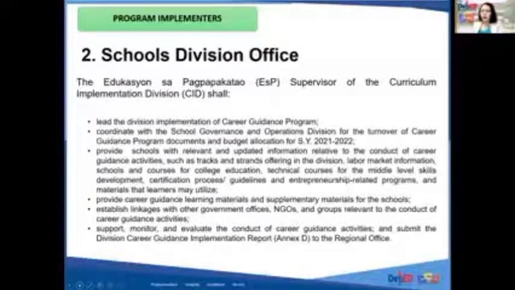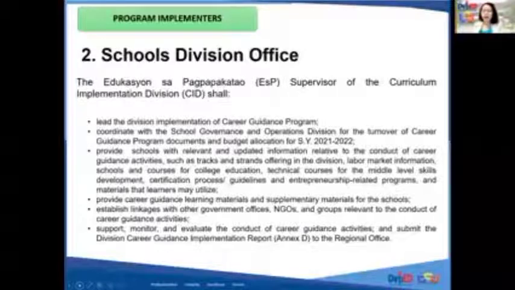So yung ating mga kasama sa federation, ayan yung FCGANP, if you are familiar with the organization, they may actually coordinate with the schools division office through the ESP supervisor in relation dun sa mga possible tie-up nila in relation dun sa mga programs natin sa career guidance program. At maganda yon na mangyari. Kapag ganun, maganda rin na mamaya makita rin natin na possible din that through the regional office yung magiging ganong linkages.